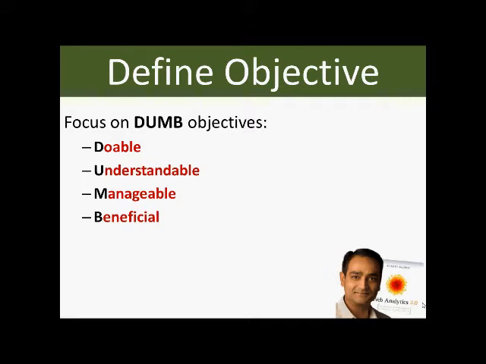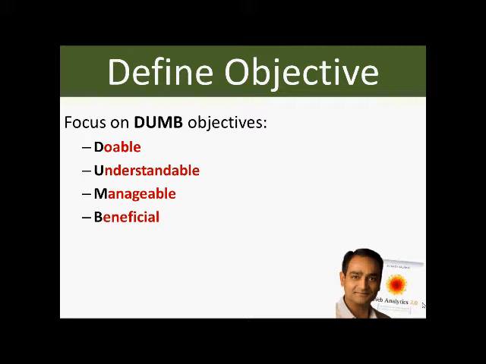Avinash Kaushik, who is the author of Web Analytics 2.0 and probably one of the most well-known authors on this topic, came up with this great concept of DUMB objectives. So what are DUMB objectives? Well, each objective obviously has to be doable. It needs to be something that we can accomplish, otherwise it's not an objective, it's simply a dream.